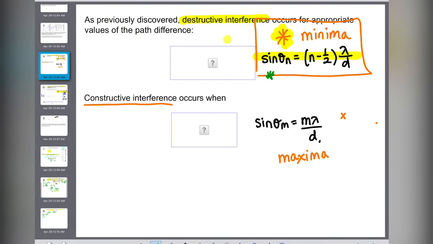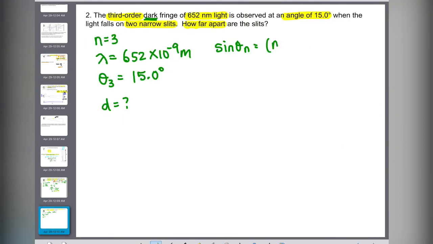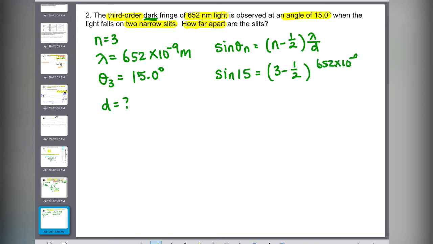Okay, so sine theta n equals n minus half lambda over d. Okay, so n is 3. So sine of 15 degrees equals 3 minus half lambda over d. So just be careful with your math.